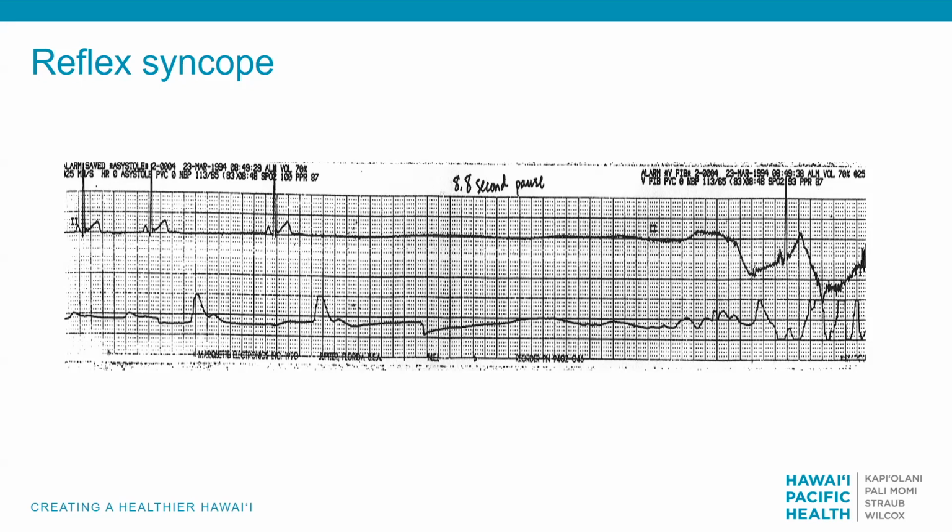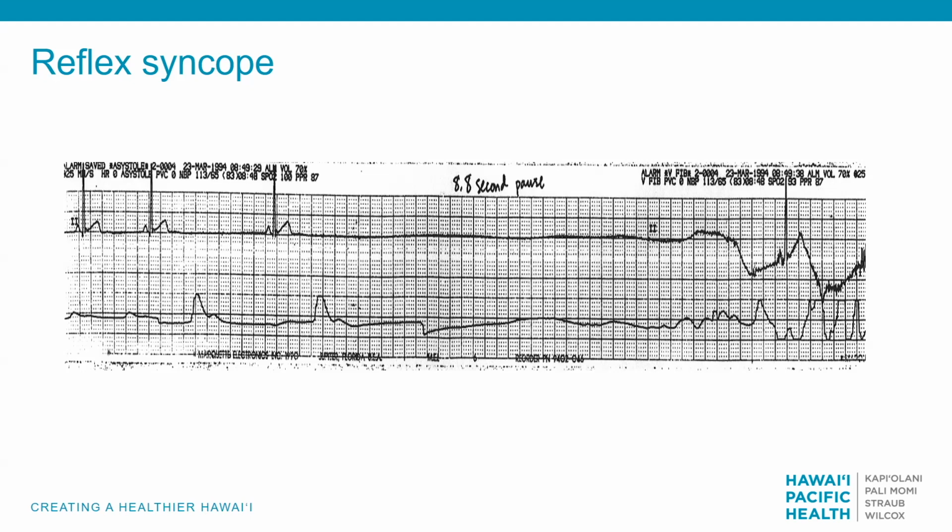This is the reason if somebody faints because they have a sudden pain in their belly, or pain in their extremities, or they are poked, or they have a sight of blood. Whatever turns that on can cause an exaggerated vagal response, and then you can imagine how that makes a syncope. So do they need a pacemaker here? Absolutely not. They need to be desensitized from the trigger. That's the important part.